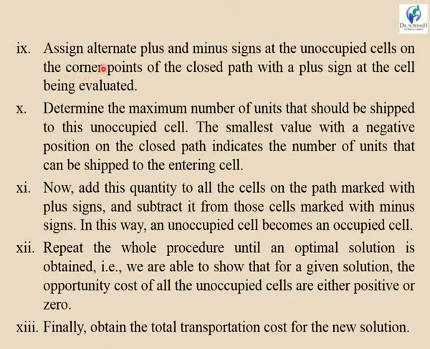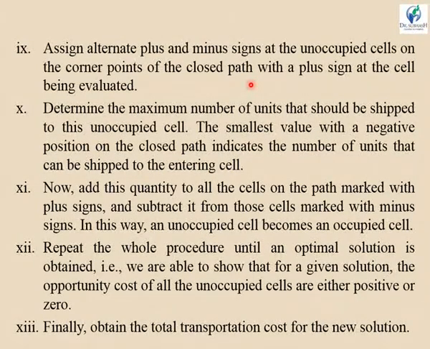Next point: assign alternate plus and minus signs at the cells on the corner points of the closed path, with a plus sign at the cell being evaluated. The point from where you start drawing the loop, the unoccupied cell with the largest negative opportunity cost, gets the plus sign.